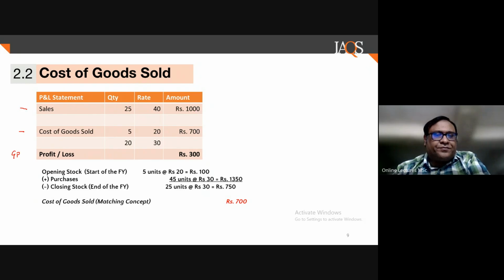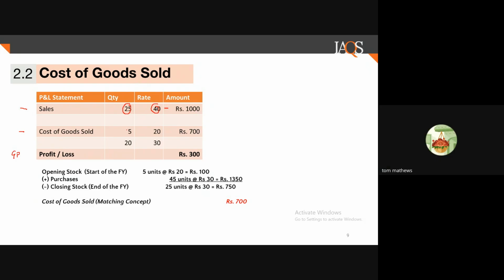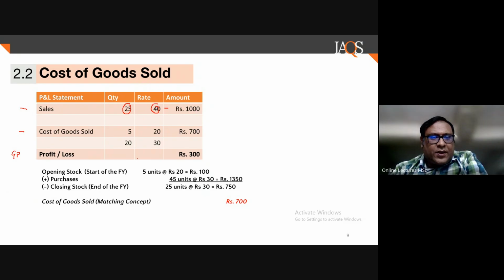25 units sold at 40 gives you 1,000 rupees. The COGS is basically opening stock that was 5 units at the rate of 20, that was 100 rupees.